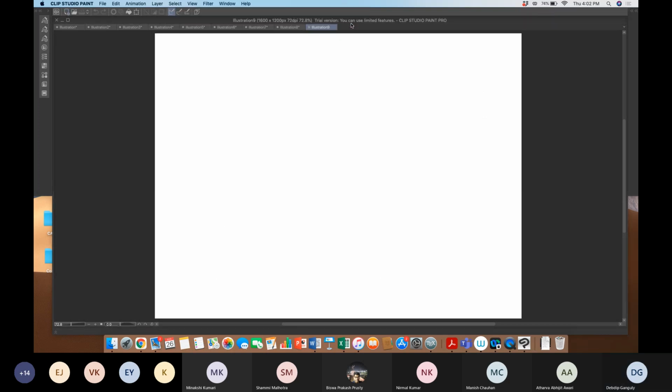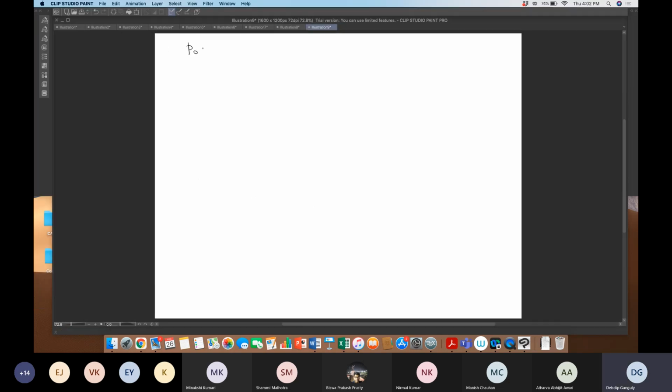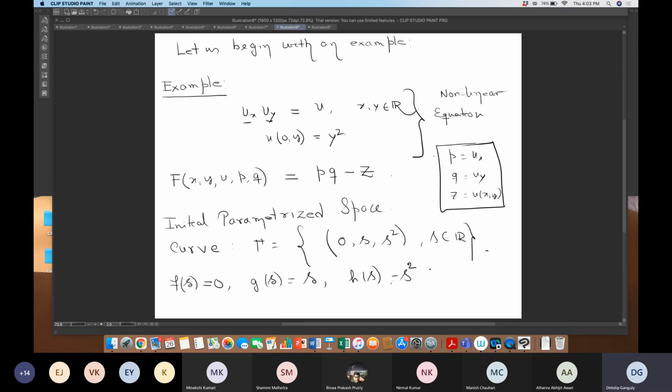Now what is the first equation P naught, Q naught satisfy? P naught, you remember, just go through it. P naught into f prime of s plus Q naught into g prime of s is equal to h prime of s. So what is h prime of s?